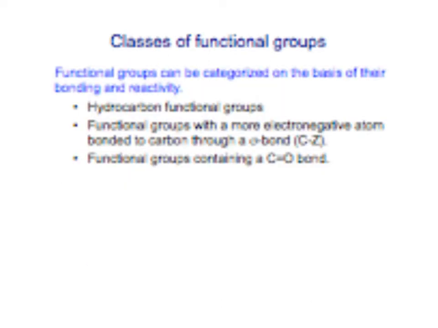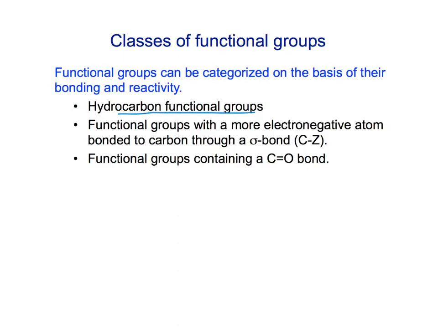We can classify or categorize our functional groups into three different categories. The first category that we'll look at are the hydrocarbon functional groups. So these are molecules or groups that have only carbons and hydrogens. The next group will be functional groups that have a more electronegative atom bonded to a carbon through a sigma bond. So here we have C-Z.